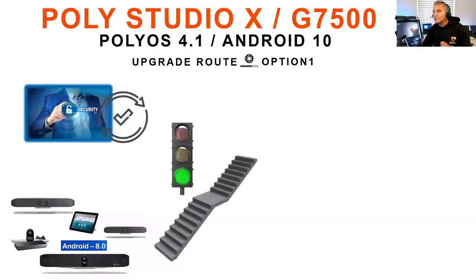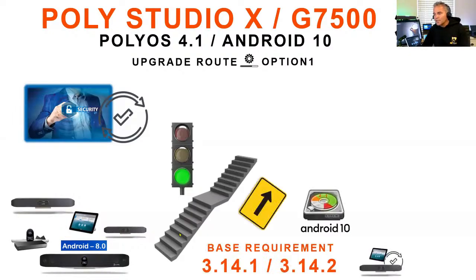Now, let's get to the software, because there are different routes to get to that latest software version 4.1. First off, if you are running one of the older versions on the device, like 3.14.1 or 3.14.2, which were among the versions before we got to 4.0, you've got a green light.